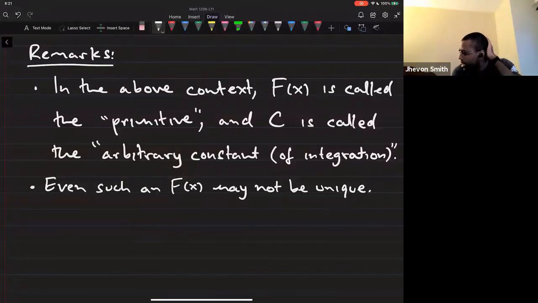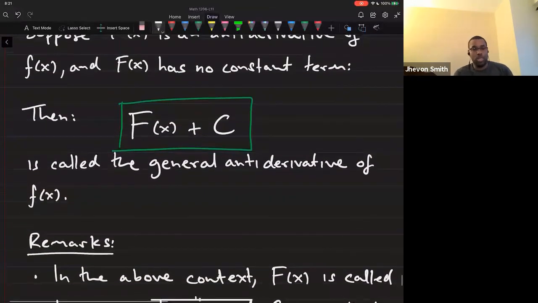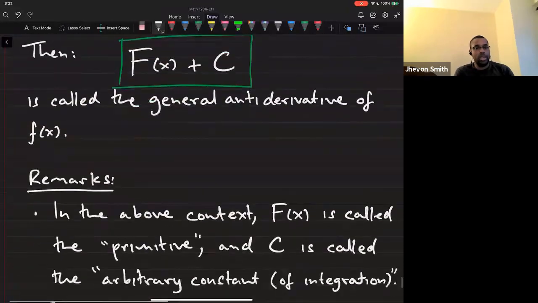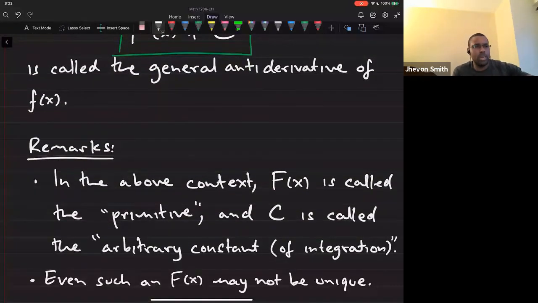Like you can think of a sine function as a shift of a cosine. Sometimes you can do a vertical shift or a horizontal shift and create a whole new function that is somewhat equivalent to the previous one, but it's actually different. But we tend to call it the general antiderivative, because the plus c makes it a lot more general.